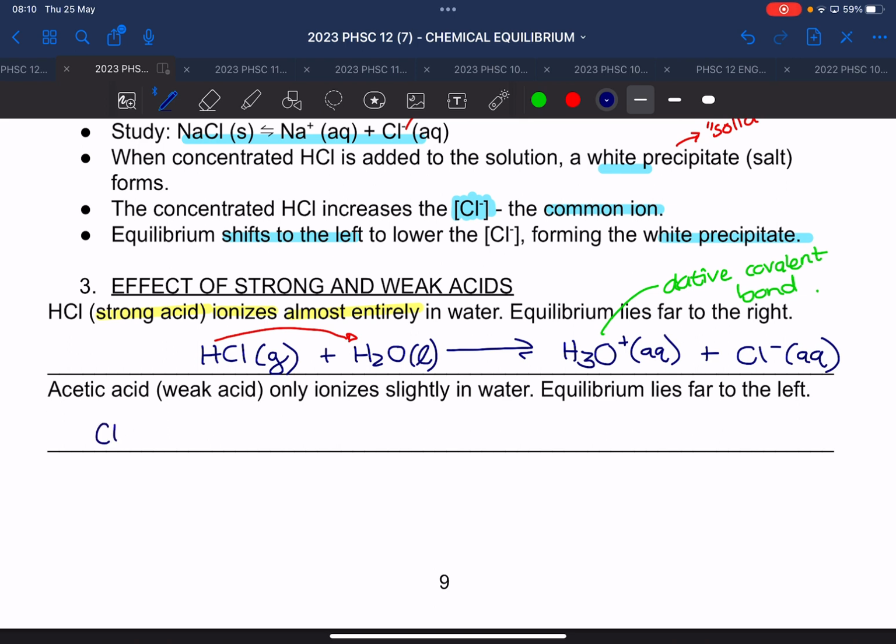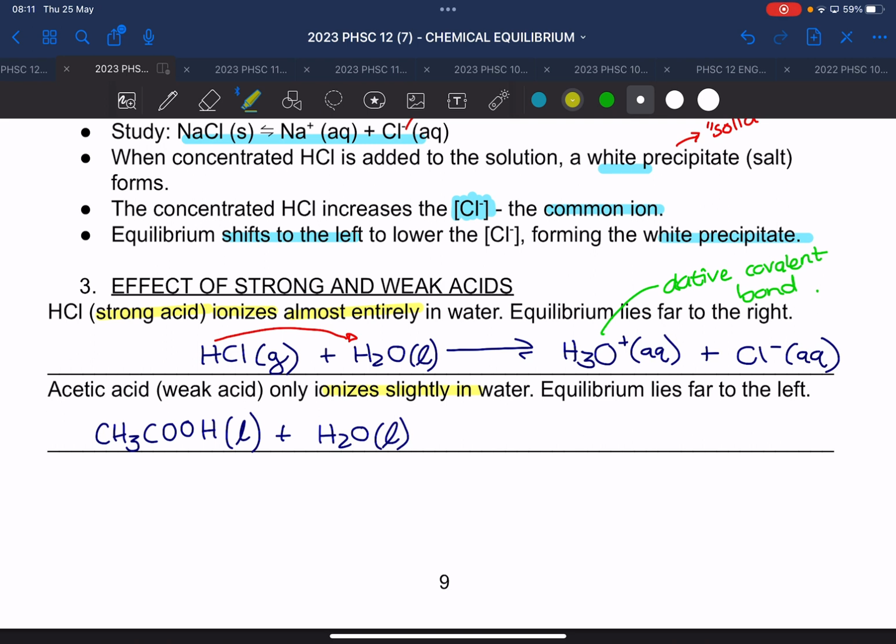You have CH3COOH. Remember that one? Acetic acid. Now, when that is produced, it is a liquid, and they will dissolve that in water. Acetic acid is considered a weak acid.